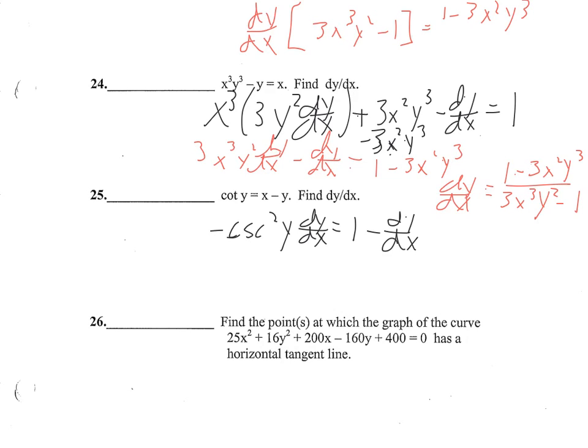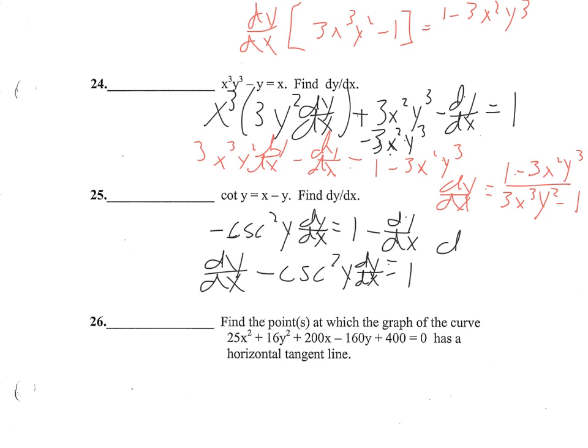Okay, so I'm going to choose to add this dy over dx over, so I'll get dy over dx minus cosecant squared y dy over dx equals 1, and factor out the dy over dx.